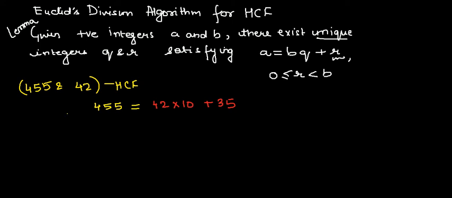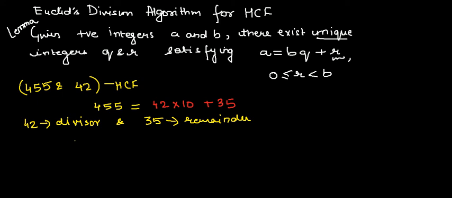Now in the next step, you would consider 42 as the divisor. 42 would be considered as the divisor now. And the remainder that we had, 35, this is the remainder. 42 was the divisor in that, and this is what we get as the remainder.